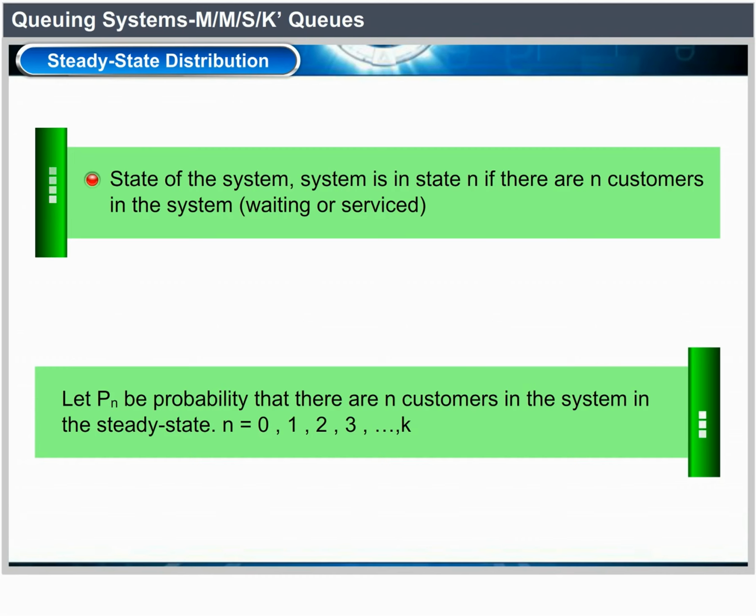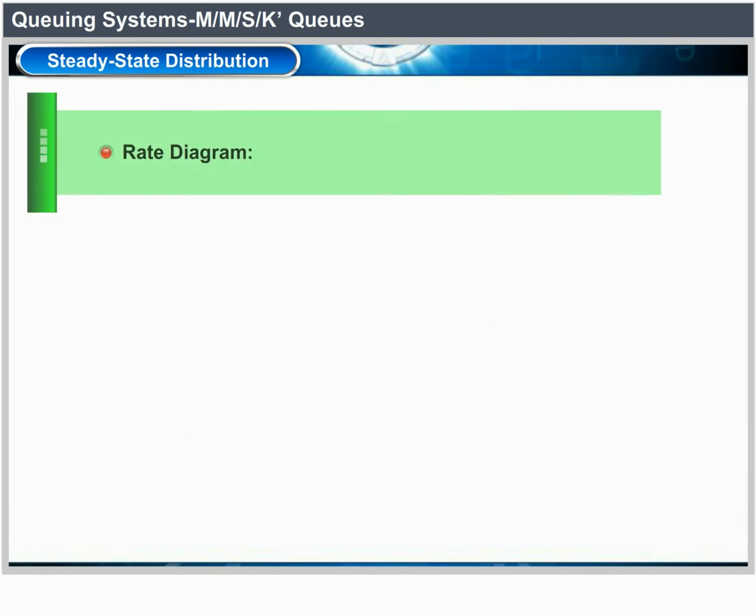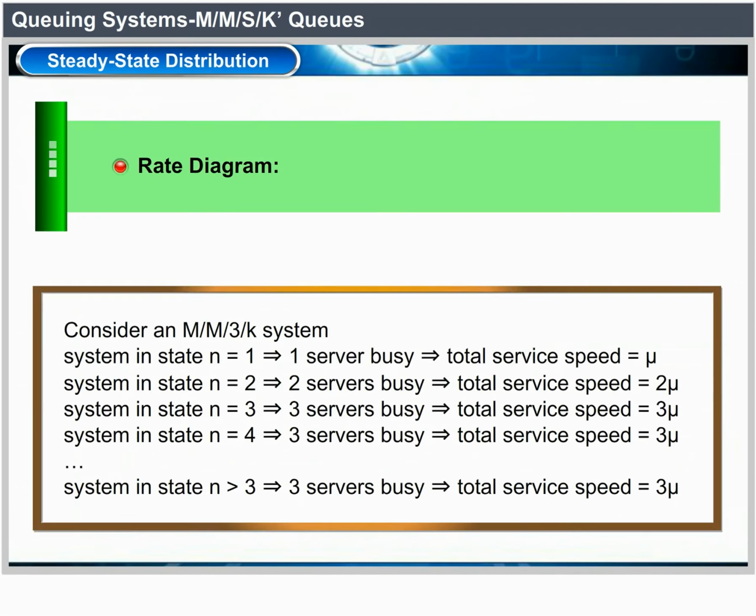Rate diagram. Consider an M/M/3/K system. System in state n is equal to 1 implies one server busy, total service speed is equal to mu. State n is equal to 2 implies two servers busy, total service speed is 2 mu.